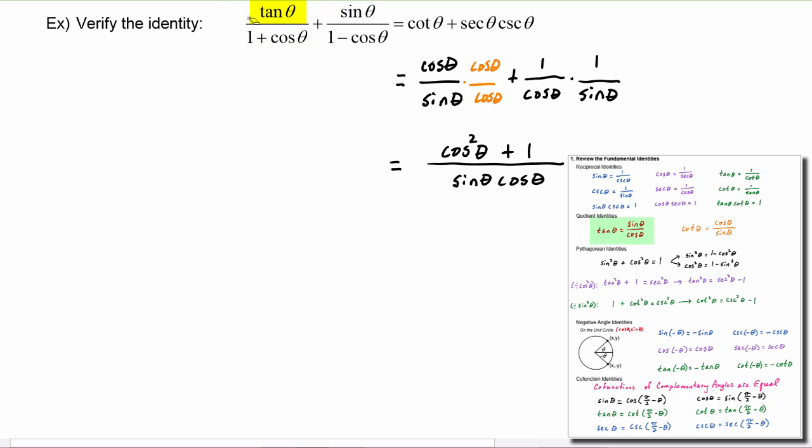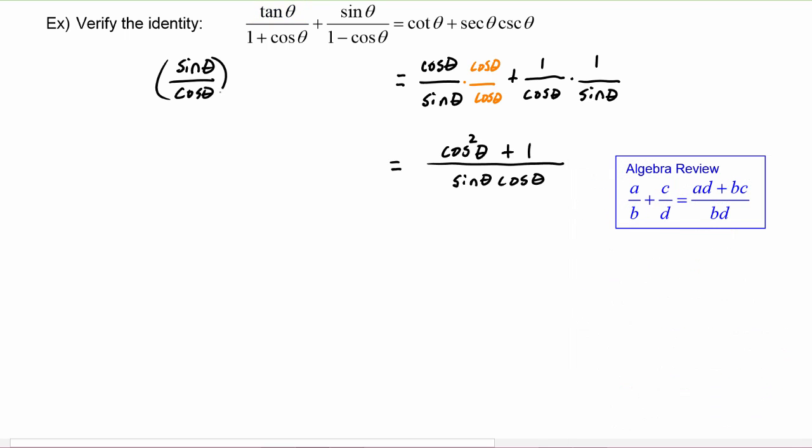Tangent of theta is sine theta over cosine theta. And that's in the numerator, and we have 1 plus cosine theta in the denominator, plus sine of theta over 1 minus cosine theta.